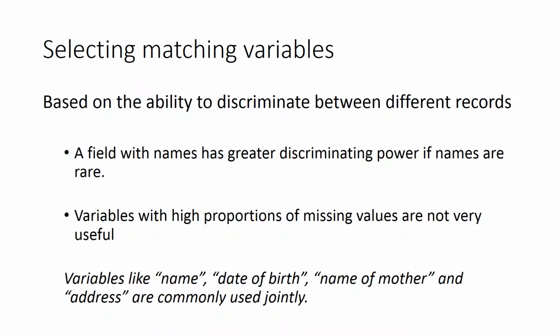Variables with high proportions of missing values are also not very useful, as this will lead to mismatches in many instances. Often you see that variables like name, date of birth, or the name of mother and address are commonly used jointly to make a match between two tables.